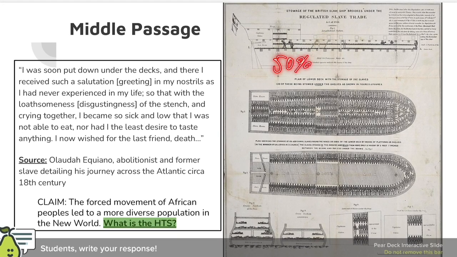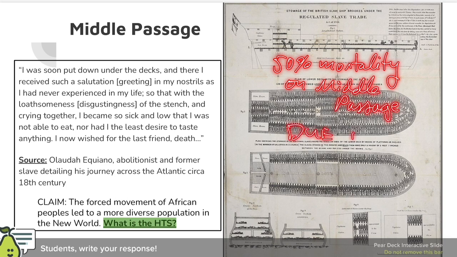And we also know from outside SFI that approximately 50% or up to 50% of the people that were forced to go on this trek died before even reaching the New World. So extremely high mortality rate due to these conditions. I mean, just look at how close together everyone is and how crowded it is.